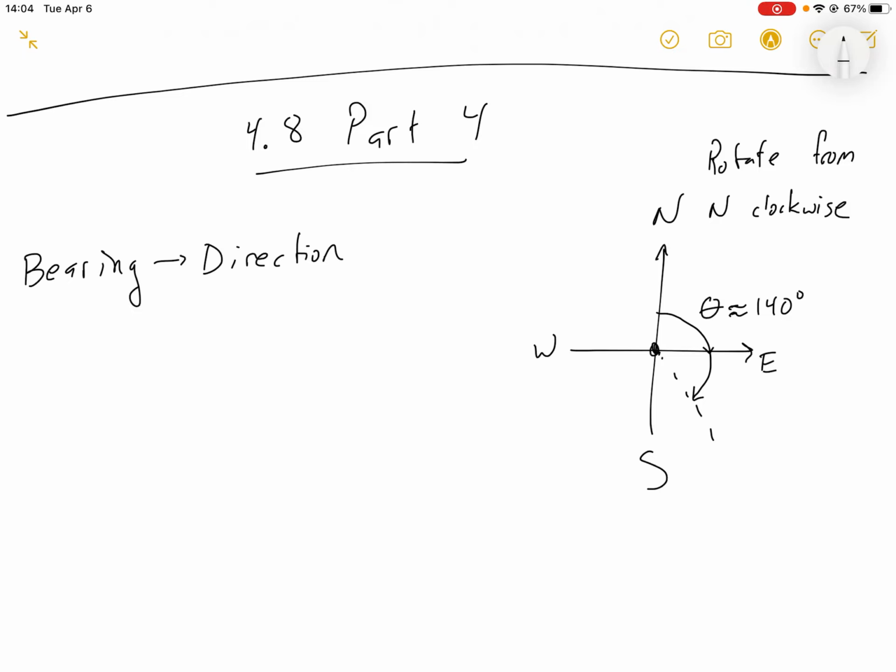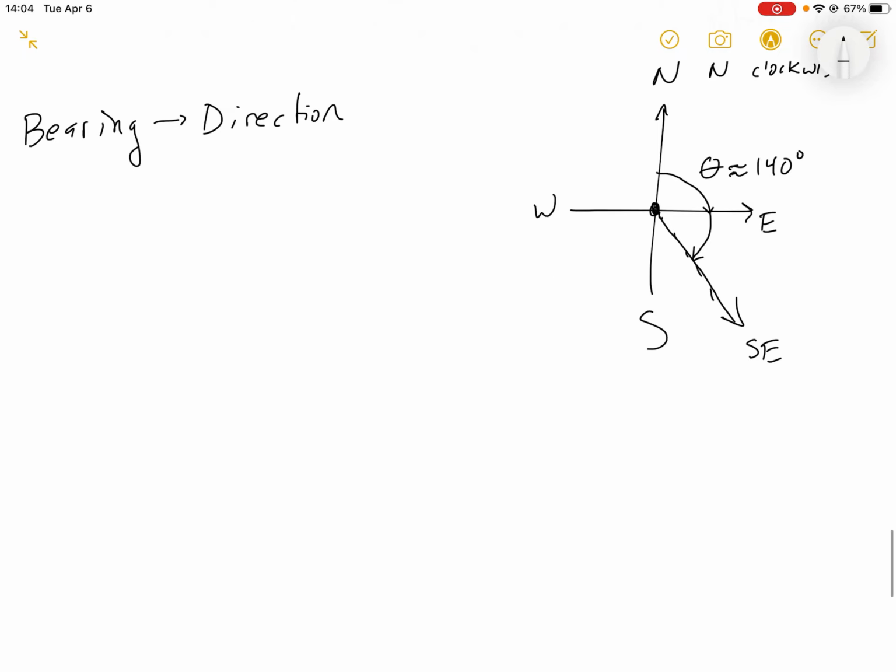If I'm here, and I told you I was bearing 140, I'm going in this direction. So I'm sort of headed southeast, right? If I am bearing 140 degrees, that means I'm going southeast here.